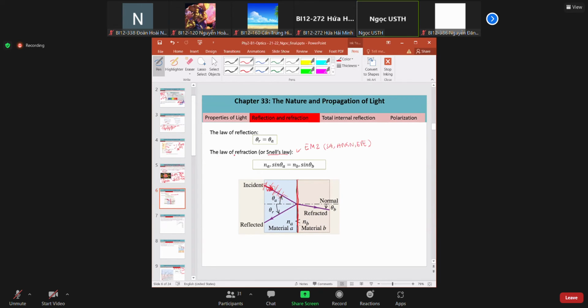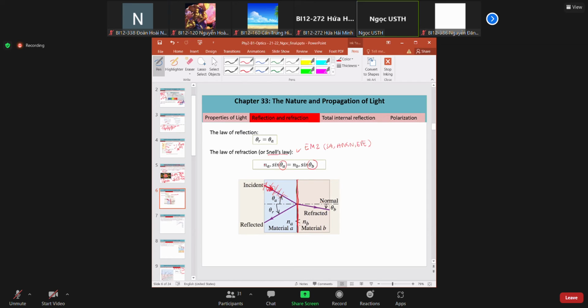So for the law of refraction, or Snell's law, you need to remember the relationship. Keep in mind the way we determine this angle: it is the angle between the ray and the normal. The normal here is the first point you need to remember.